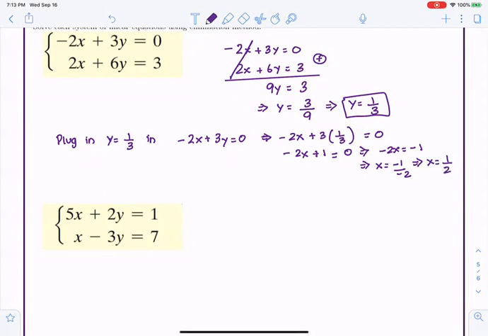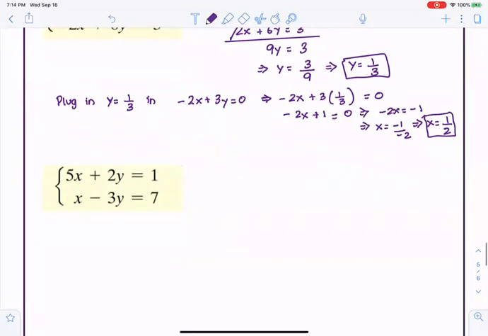We get x to be equal to 1 over 2. So the value for x is 1/2 and y is 1/3. So our solution is simply 1/2, 1/3. X goes first, then y.